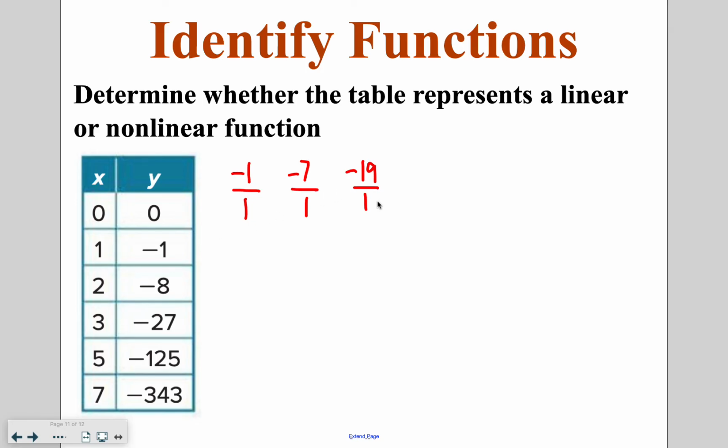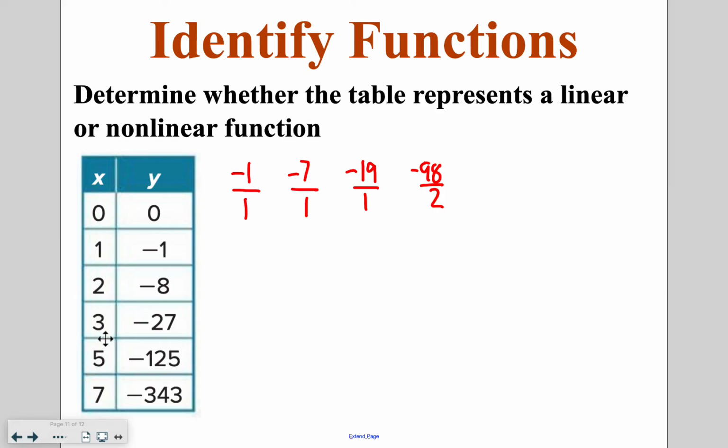Then I'm looking at negative 27 to negative 125, which is a change of negative 98, and that one is over 2 because I went from 3 to 5.